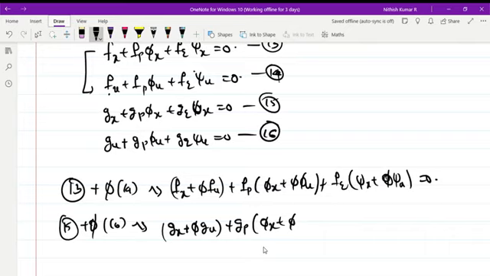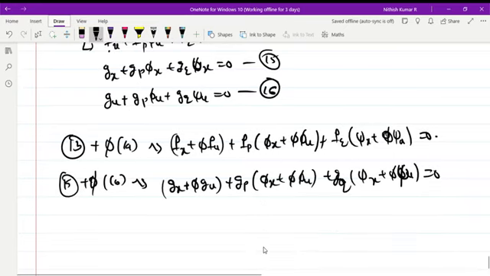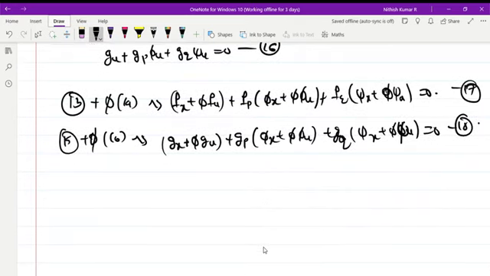fx plus 5 into fu, plus fp into phi x plus 5 into phi u, plus fq into xi x plus 5 into xi u equal to 0.